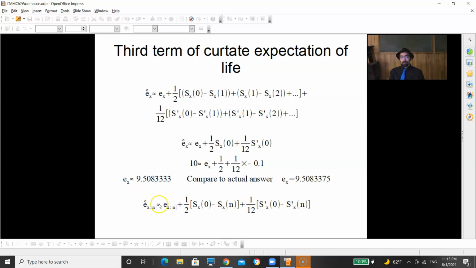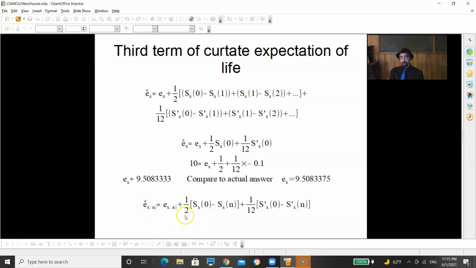And I'll just add in, if you have a colon angle n situation, then we'll say that complete expectation equals Curtate expectation plus 1/2 survival at 0 minus survival at n plus 1/12 derivative survival at 0 minus derivative survival at n.